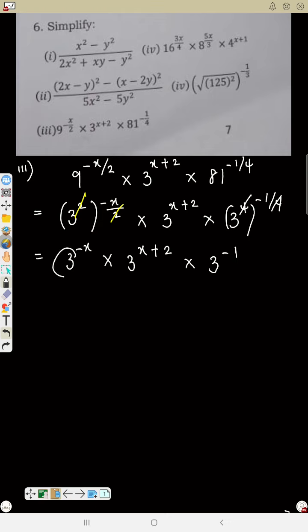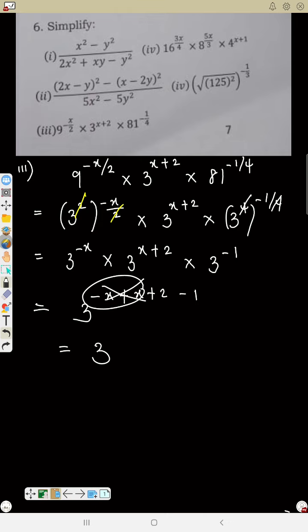Now from the law of indices, the bases are the same, so take 1 base, that will be 3, then add the powers. So this will be minus x plus x plus 2 minus 1. Minus x plus x is 0, then 2 minus 1 is 1. That's 3 raised to power 1. So the answer is 3.